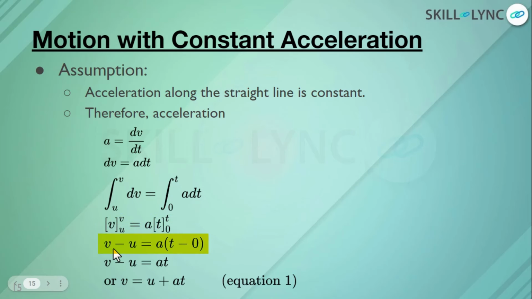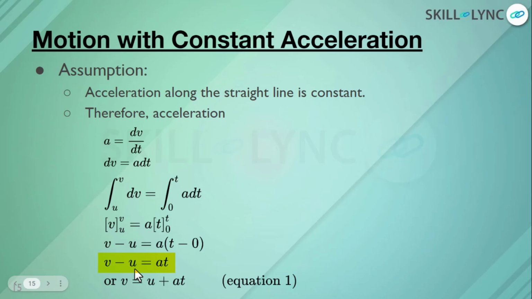Thus, v minus u equals at minus 0, where a is acceleration and is constant. Applying integration rules here, t when integrated from 0 to t can be written as t minus 0. Thus, v minus u, the LHS, stays the same.